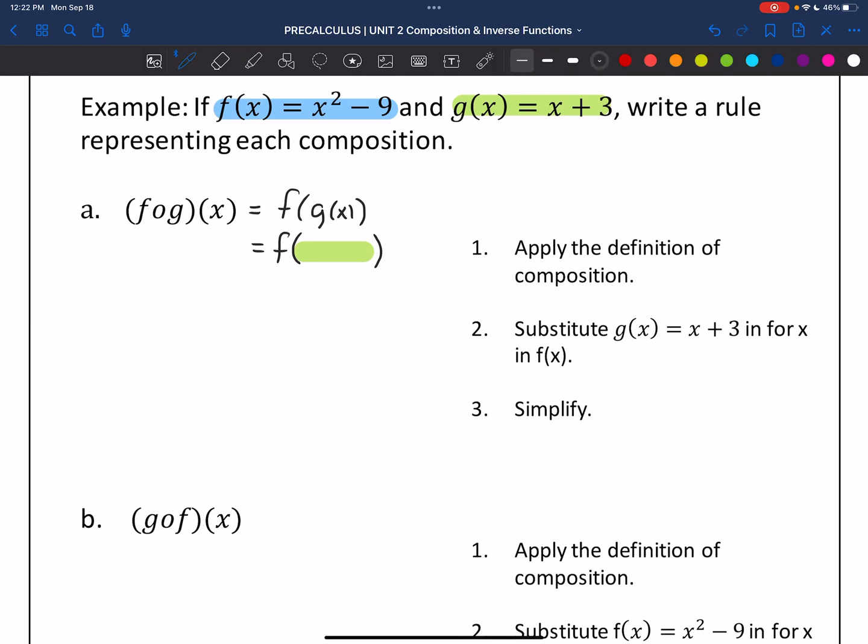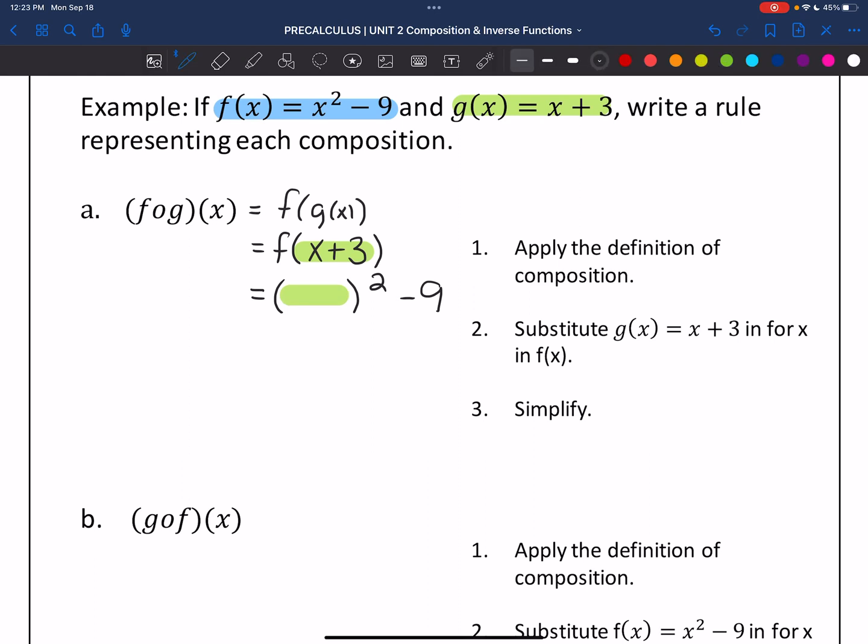That's the expression that's going to go inside of this function f. Notice that f is the quantity squared minus 9. That's the rule for our f function. But what quantity are we going to work with? Well, that's what we need to input.